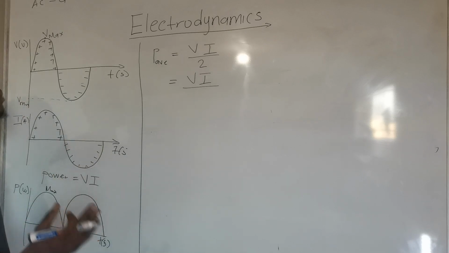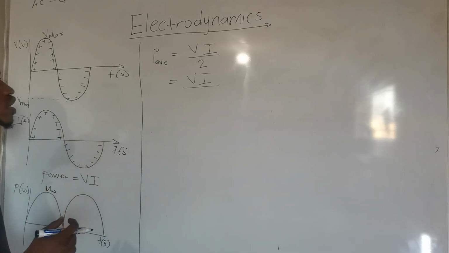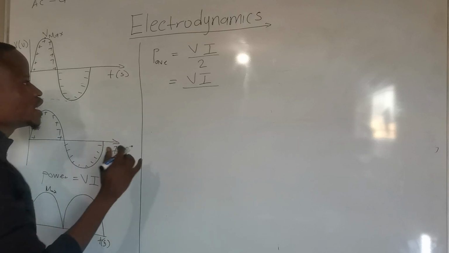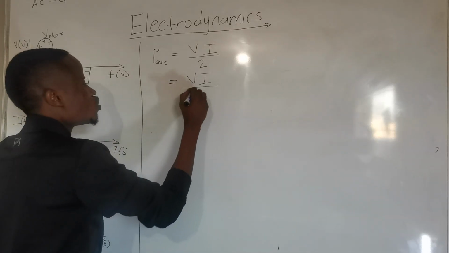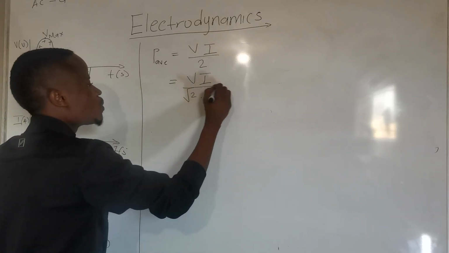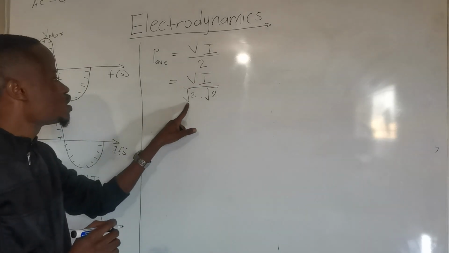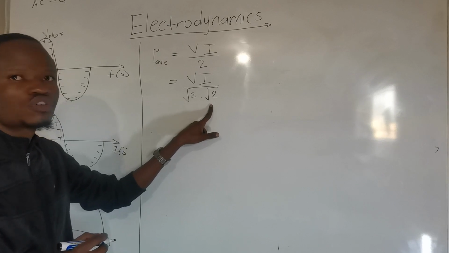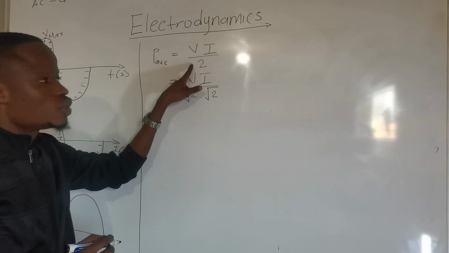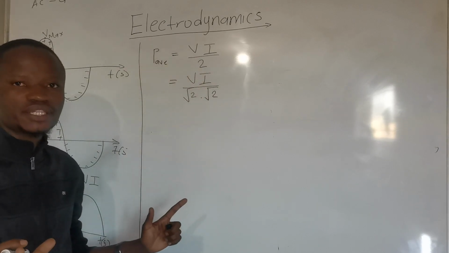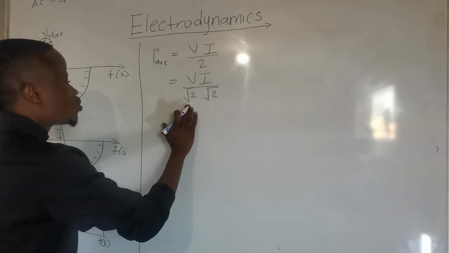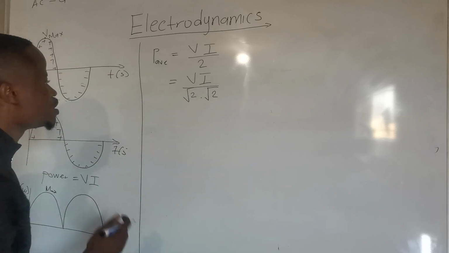Someone can say 1 times 2. Okay, 2 can be written as the square root of 2 multiplied by the square root of 2. Mathematically, if you say the square root of 2 times the square root of 2, you will get 2. Meaning that I did not change anything there, guys.